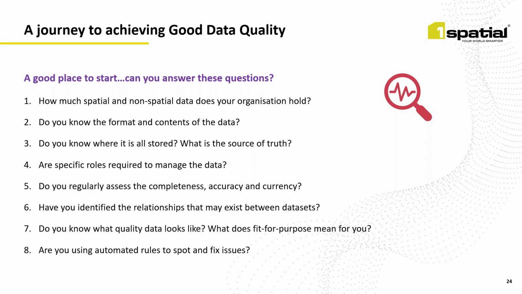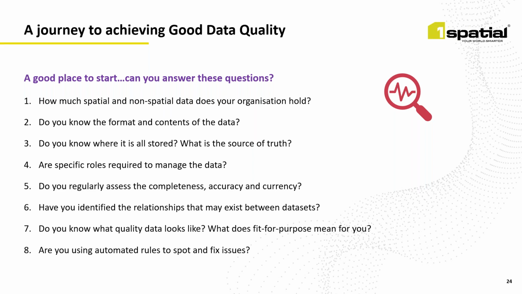Do you regularly assess the completeness and the accuracy and the currency, thinking back to those 6 dimensions of data quality? Are you regularly making sure that those things are maintained? Have you identified relationships that exist between data sets? So it may be that one data set relies on the information from another, or like we mentioned right at the start, we get more value from data once we start to connect it together.